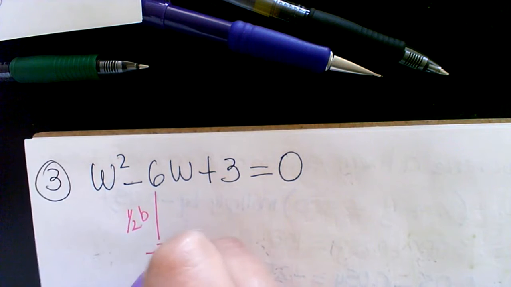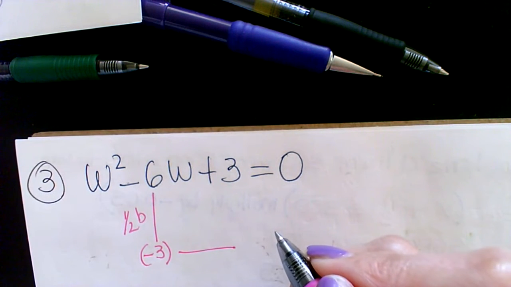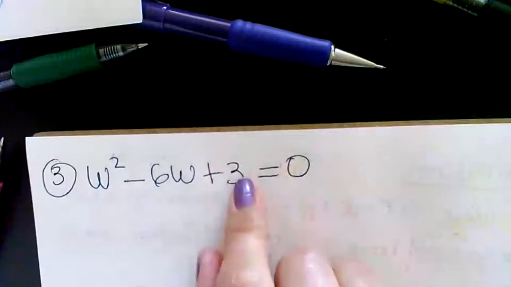That would be negative 3. And, oh, I forgot to write this down. Wait, let's start again. So it's going to be w squared minus 6w plus 3 equal to 0.